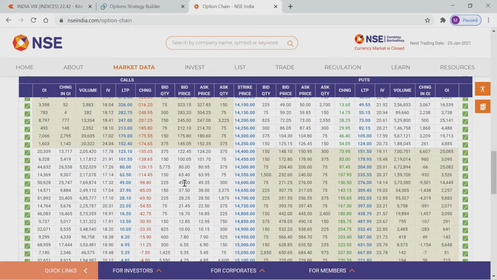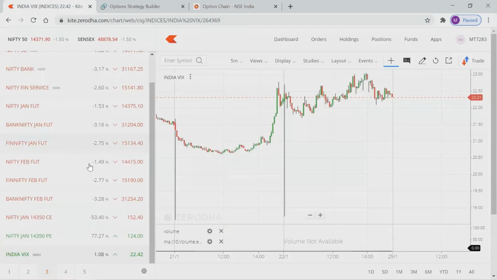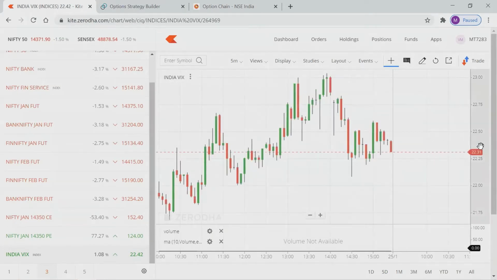That's the first priority. And second priority is you need to be looking at India VIX in your trading platform. And this India VIX should be less than 25. Now it is 22, so you can implement this strategy. If you want to implement this short triangle strategy, VIX should be less. That means volatility should be less. Volatility tells with how much speed the strikes or premiums or market can move.